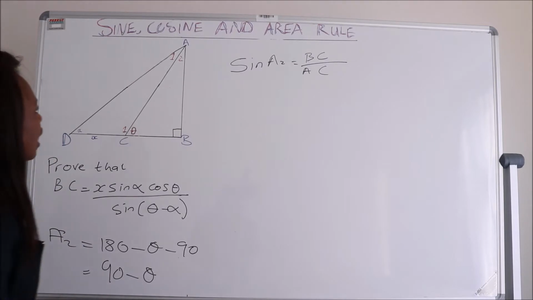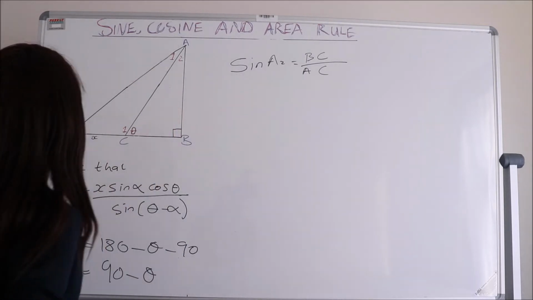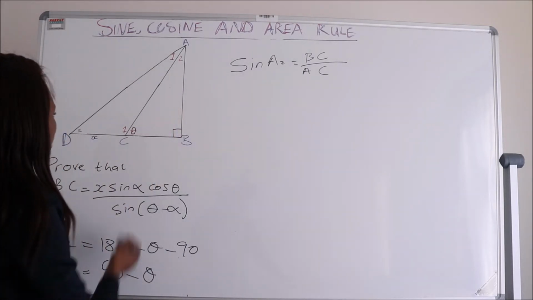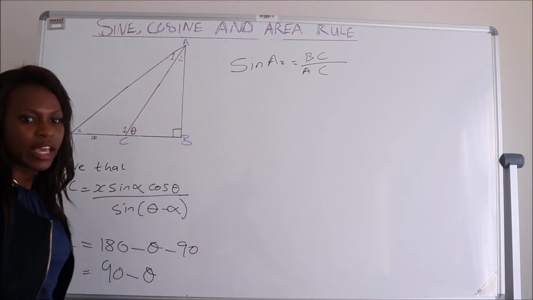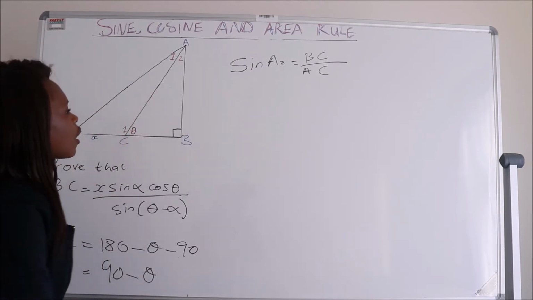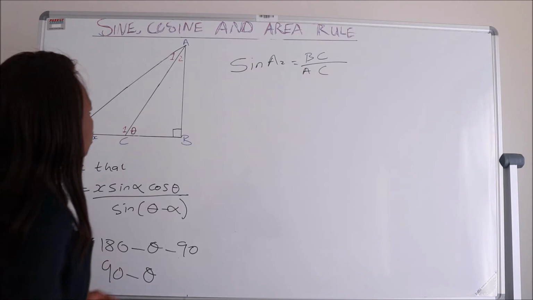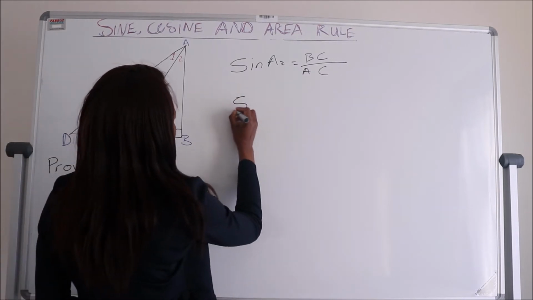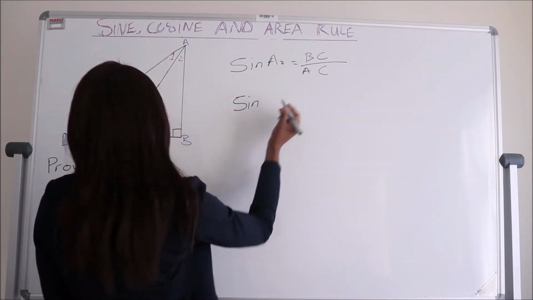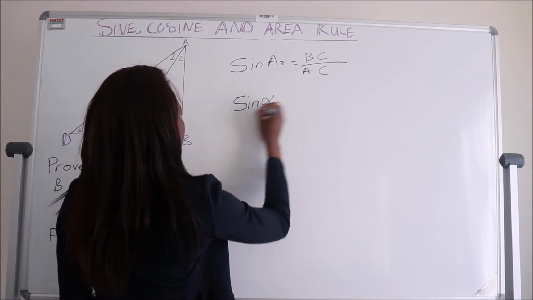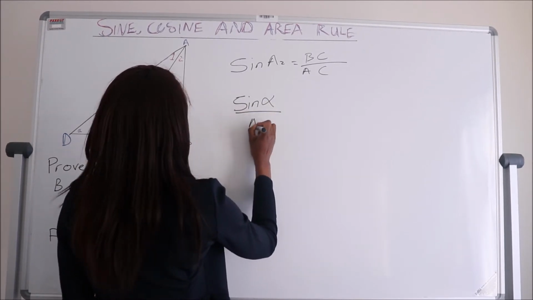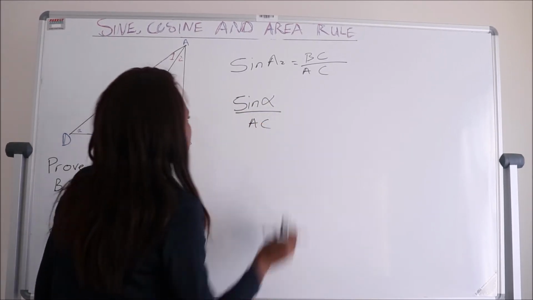Then to find the side AC, which is this side here, we use the second triangle, where we're going to use the sine rule. Actually guys, I made a mistake.